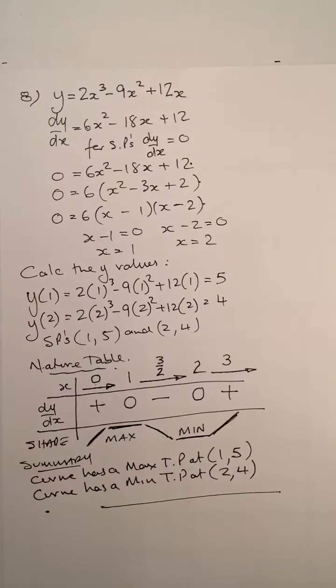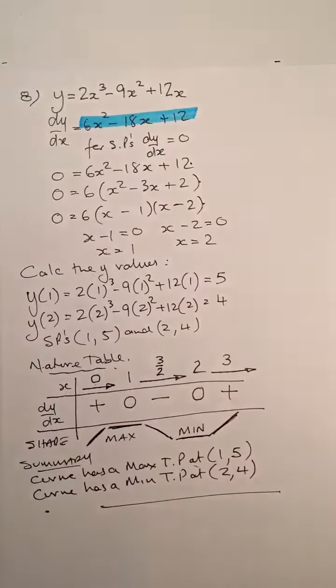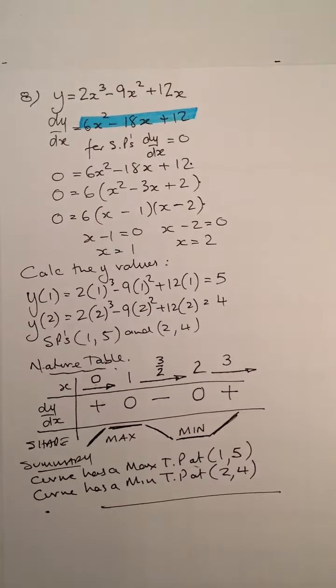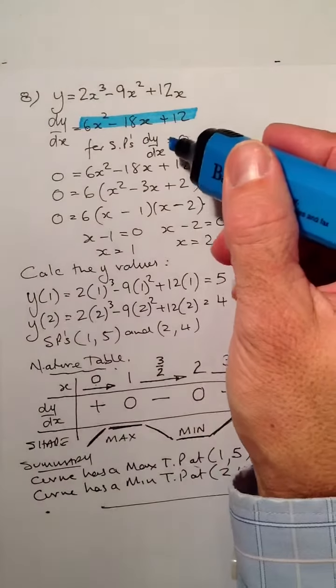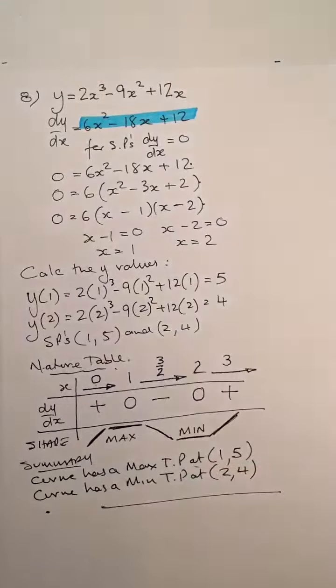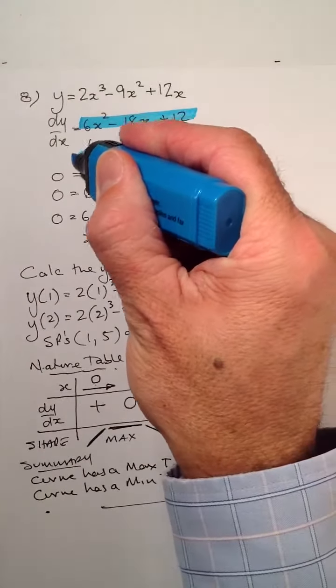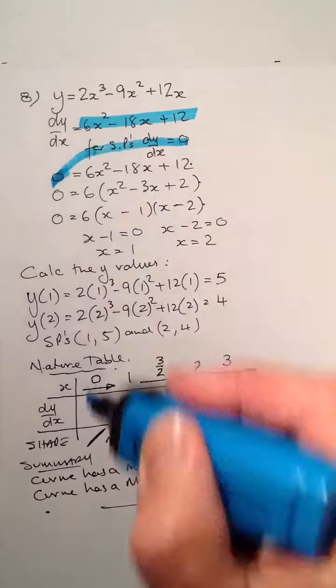So looking back at it from a marking point of view, I would give 1 mark for differentiating correctly. There'll be 1 mark for setting dy by dx, or the gradient, equal to 0 for stationary points, and the place that I would be looking for that is here. And I would like to see it in there as well.